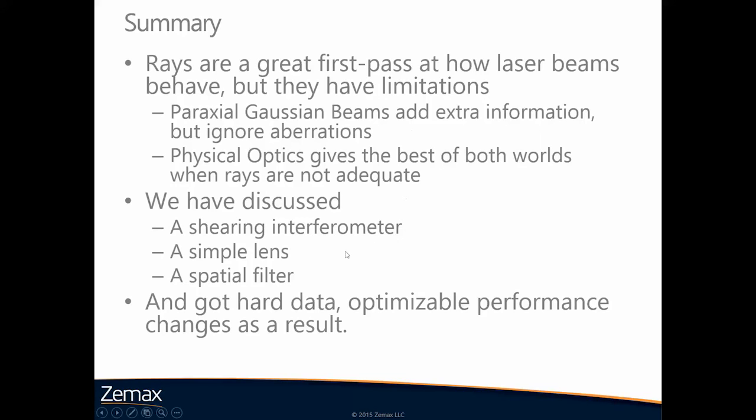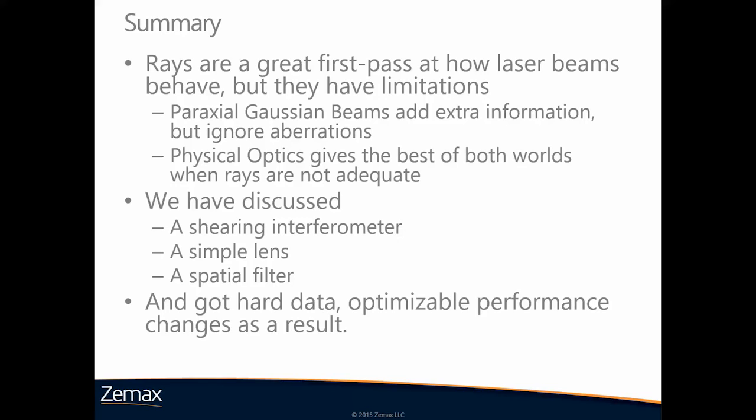So we discussed a shearing interferometer, and just showed you how to use straightforward rays to model, in that case, the collimation of a laser beam. Worked perfectly. We looked at a simple lens that we optimized for Gaussian beams, and we got some residual phase aberration when we used POP to look at it. And then we used a spatial filter, and we could look at the input beam's m squared, which was about 1.4 or something like that.